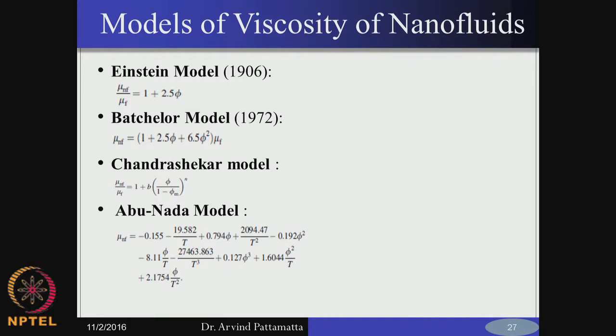The models such as the Einstein model, Batchelor model and Chandrasekhar model are used for suspensions, and have been used for a long time, but they are all only functions of phi, and they have not comprehensively built in a temperature relationship. The temperature relationship effectively comes only from the base fluid viscosity as a function of temperature. The model by Abunada, for example, has explicit dependence on temperature for the nanofluid also.